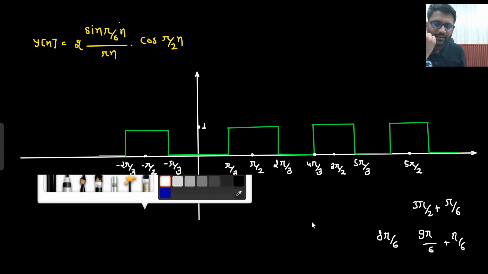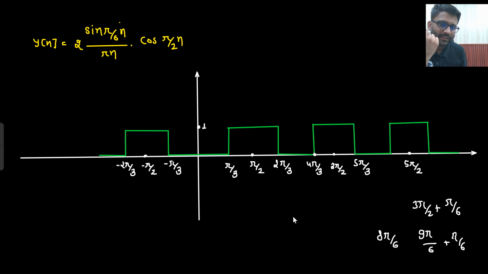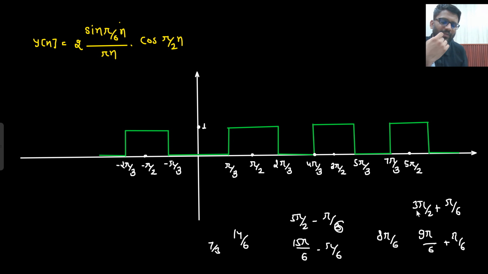Next, here what will happen? 5 pi by 2 minus pi by 3, so what I need to do? 15 pi divided by 6, 5 pi by 2 minus 5 pi by 6 actually, 15 pi divided by 6 minus pi by 6 gives 14 by 6, so it would be 7 pi by 3.